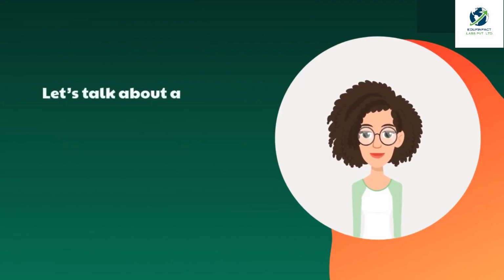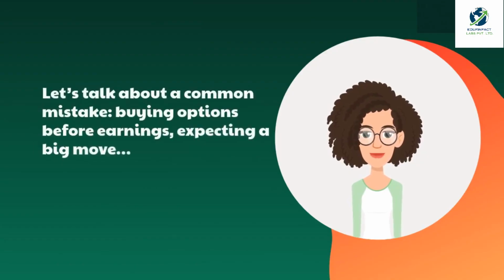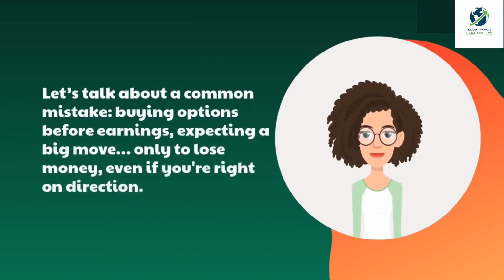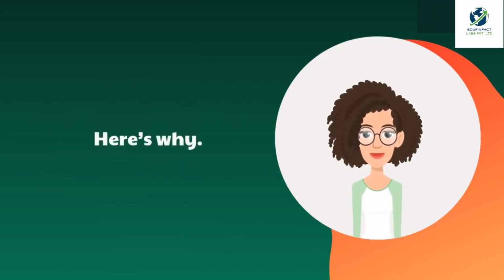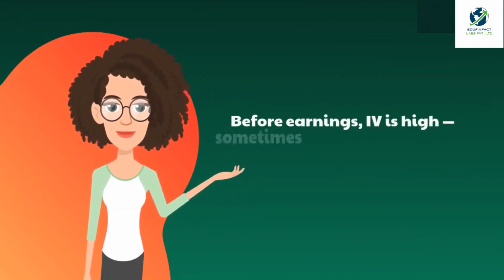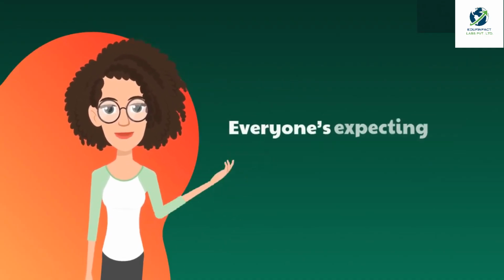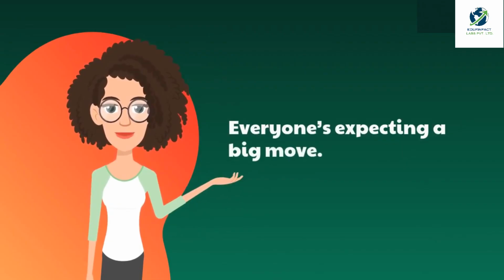Let's talk about a common mistake: buying options before earnings, expecting a big move, only to lose money, even if you're right on direction. Here's why. Before earnings, IV is high, sometimes 80%, 100%, or more. Everyone's expecting a big move.